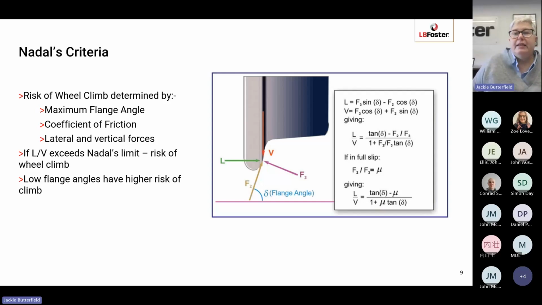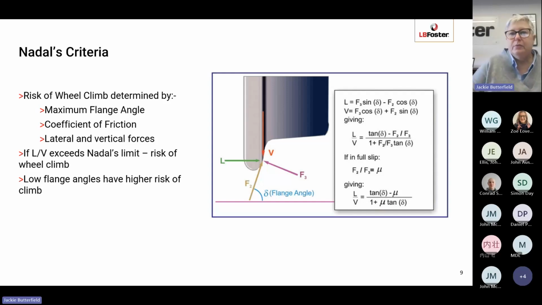And he theorized that the wheel material at the flange contact point is moving downwards relative to the rail material due to the wheel rolling around the tread contact. And wheel climb occurs when that downward motion ceases with the friction saturated at the contact point.